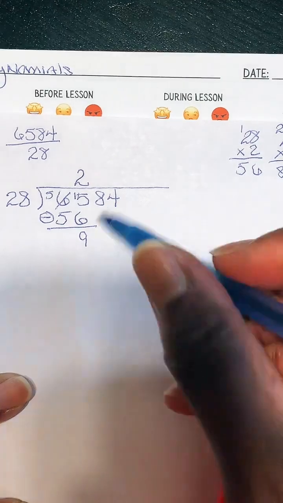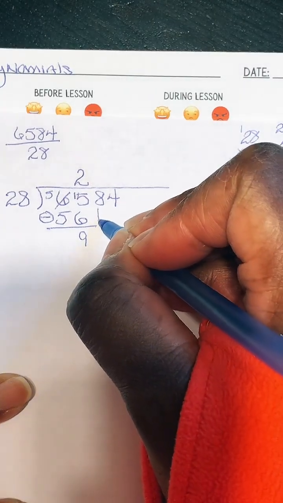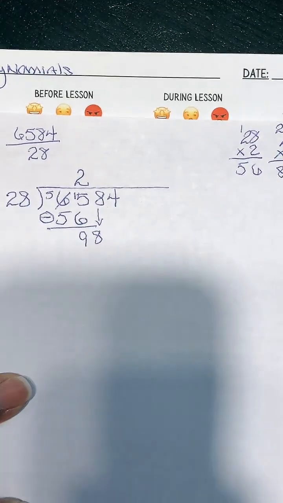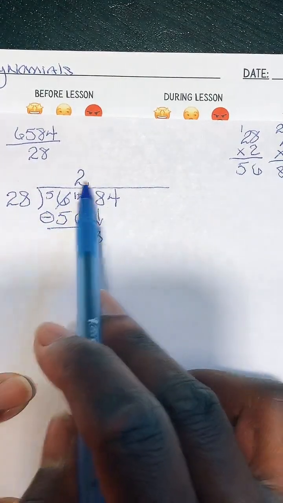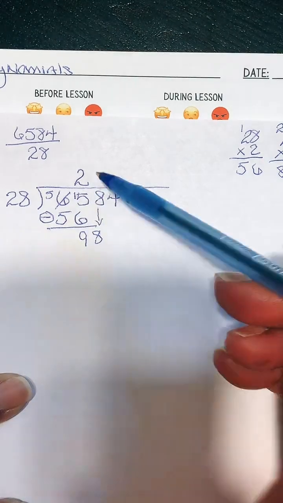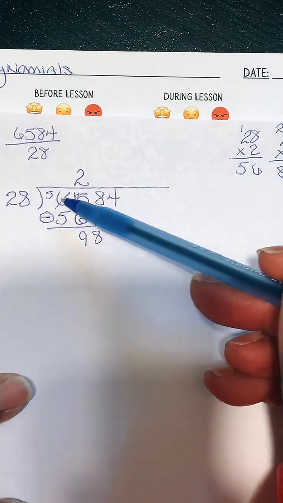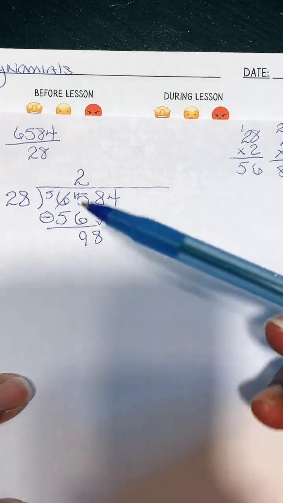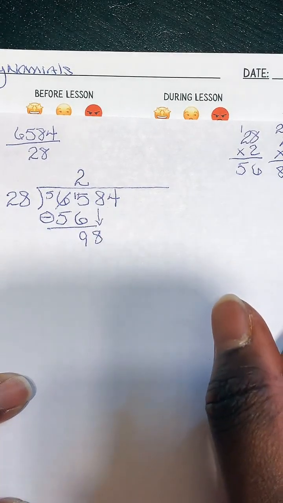And then this 8 comes down. Okay, so you get your multiplication, then you write your answer underneath, then you subtract, then you bring down, then we start the process all over again.